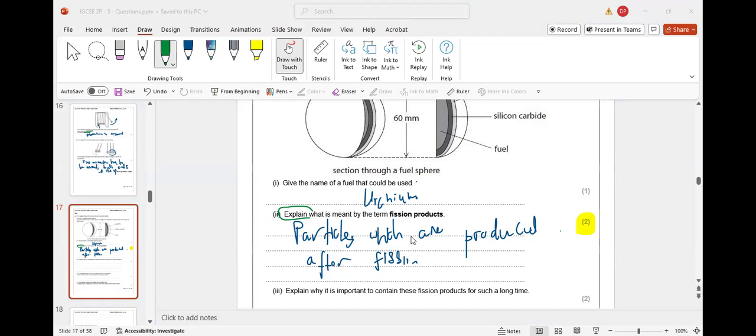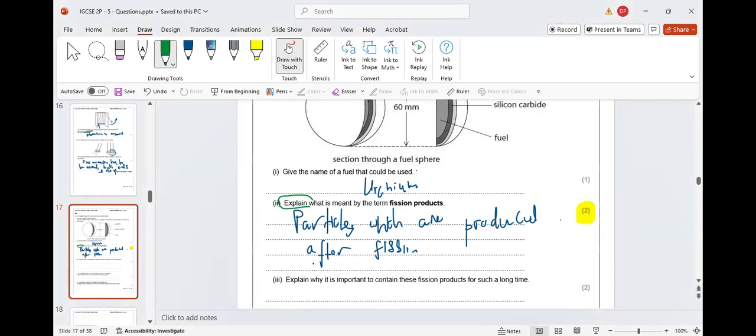The examiner is expecting you to name some of the products. What are the products? Daughter nuclei and neutrons are the products.